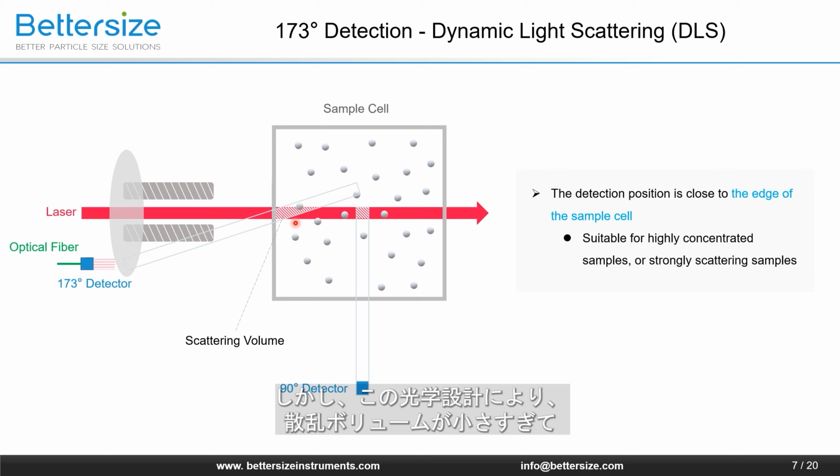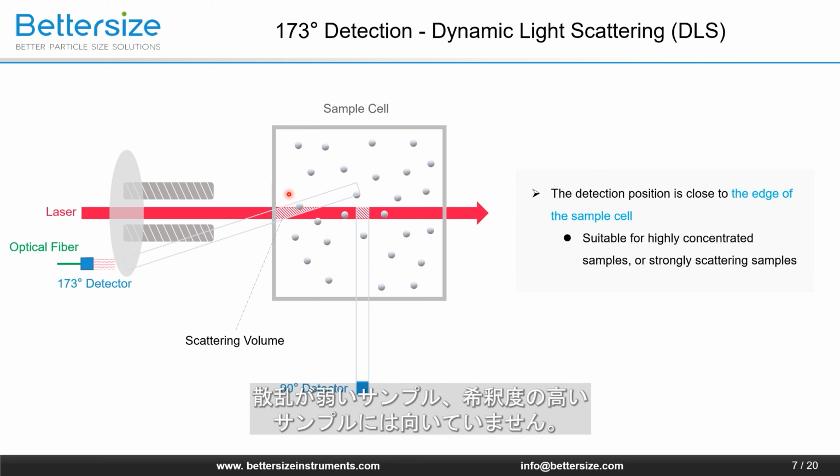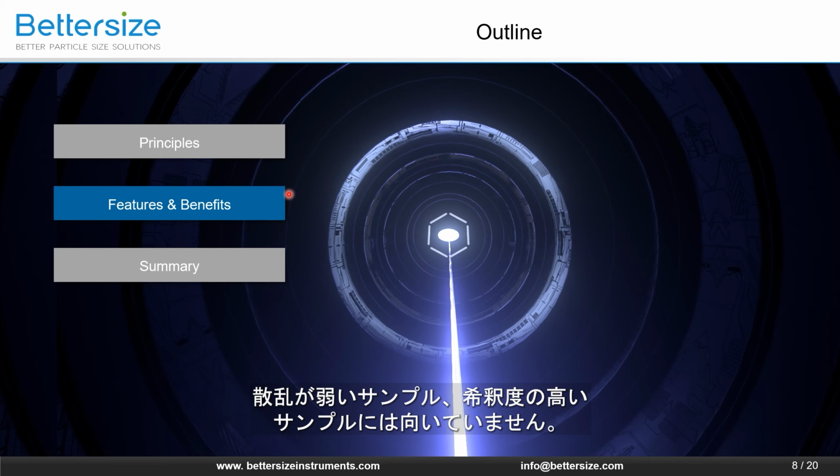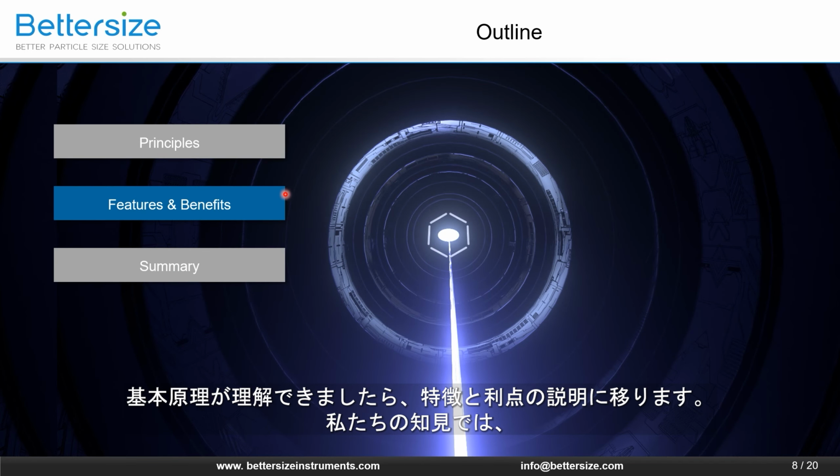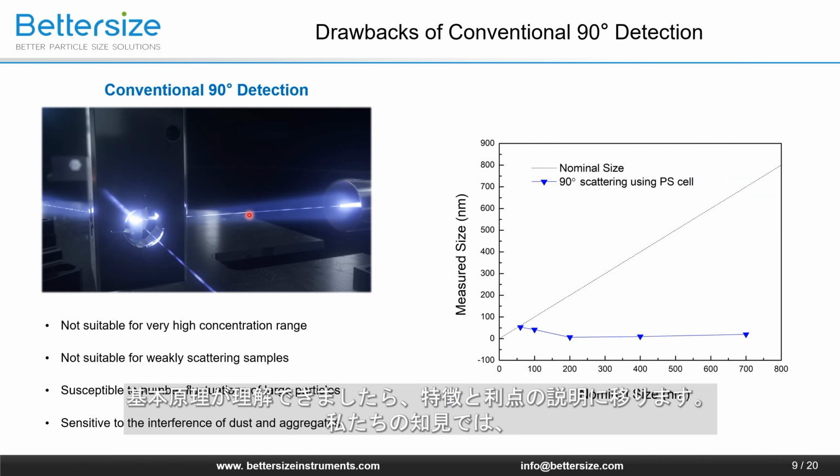However, due to its optical design, the scattering volume is so small that it impairs the sensitivity of the instrument, and therefore the instrument is not competent to measure small particles, weakly scattering samples, or very diluted samples under this condition. After understanding the principles, let's move on to the features and benefits.